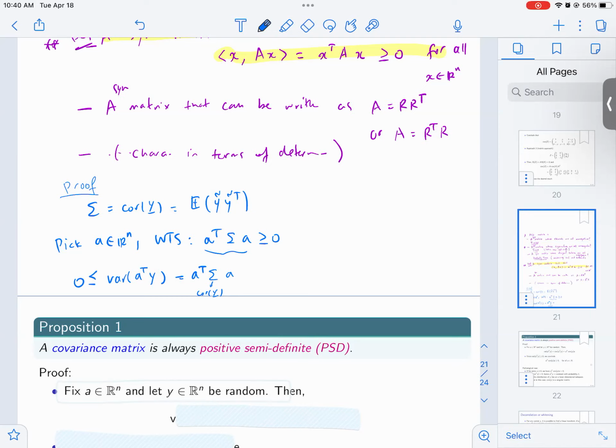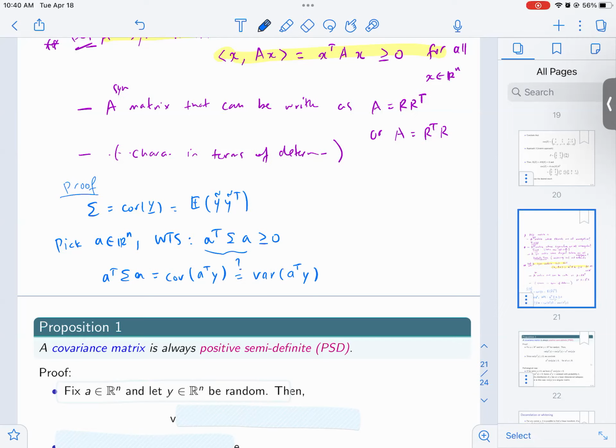Student: But why is that the variance of A transpose Y? Because usually covariance is the other thing. So A transpose sigma A is the covariance of A transpose Y, but why can I write it as the variance of A transpose Y?